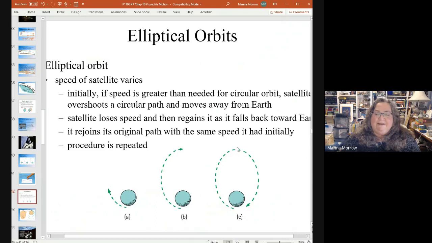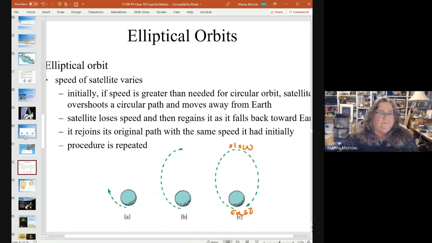As they go up, they slow down, so they're slower up here. Then they gain speed as they come back until they're back to their faster speed, more than 8,000. The shape of that is what's called an ellipse.